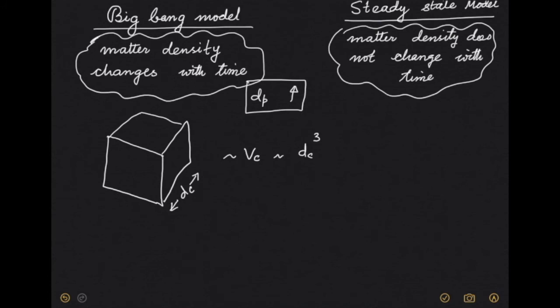Inside this, say there are ng number of galaxies, and each galaxy has a mass mg. So what is the total mass inside?